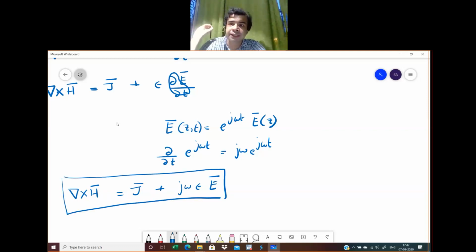See, if I had taken this cos form, then the time derivative would be sine, and we could not have written it like this. But if we take it in this form, we get this very unique advantage that the time derivative can be simply replaced by j omega. Is this okay? Or do you want me to repeat once more?